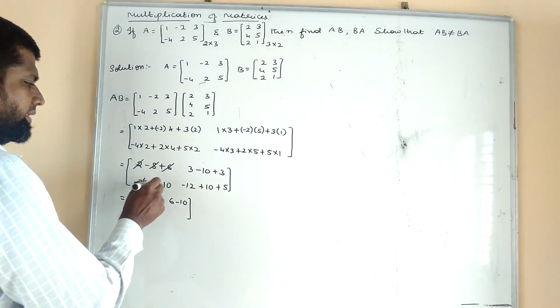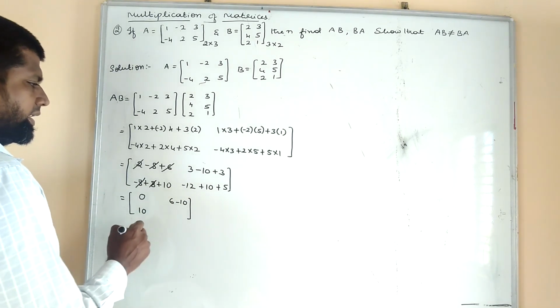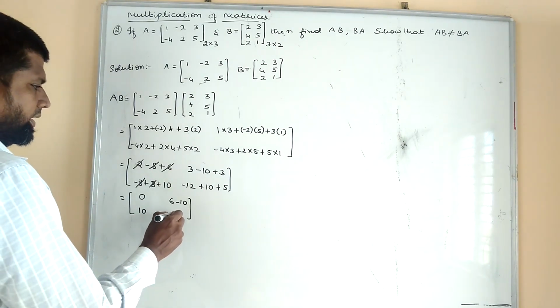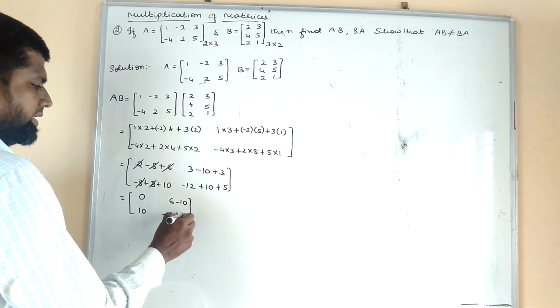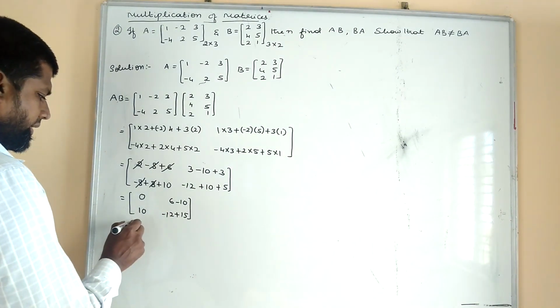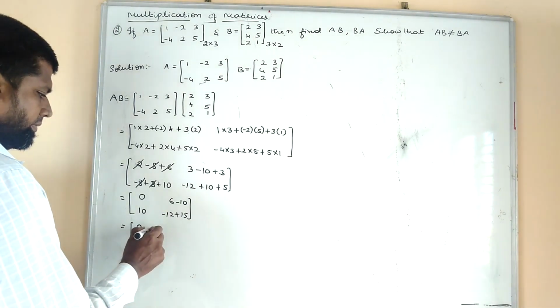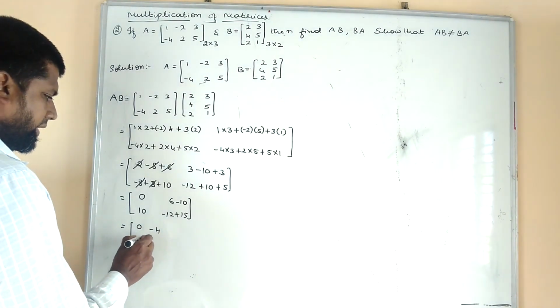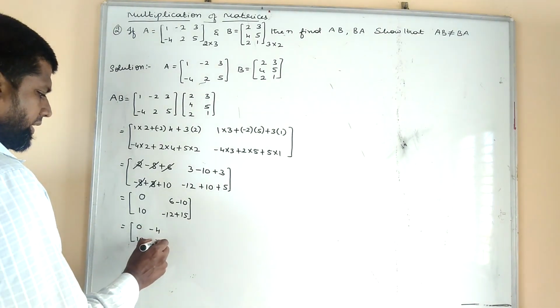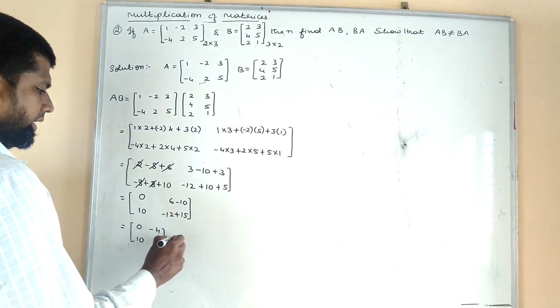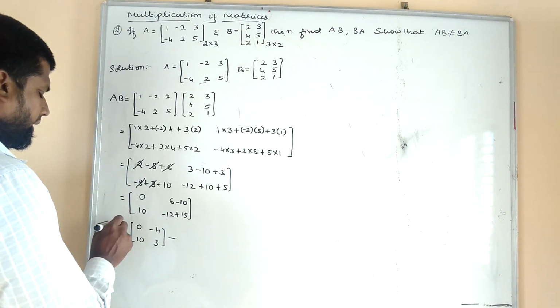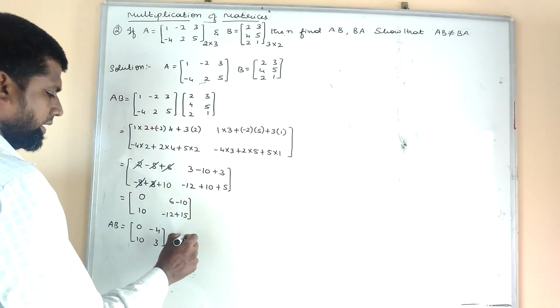So plus 8 minus 8 get cancelled. You got 10, minus 12. Then 10 plus 5 is 15. So in the next step, 0 minus 4, then 10. Then if you subtract, you are getting 3. So this is the AB. Let us consider AB as an answer.